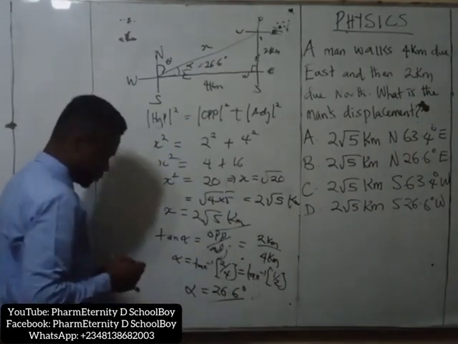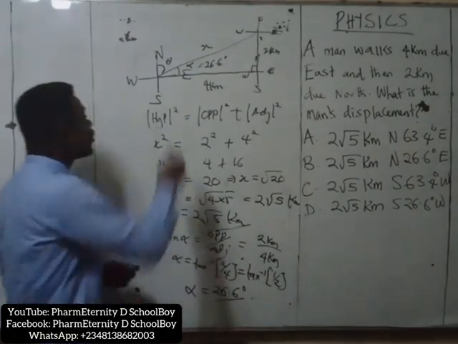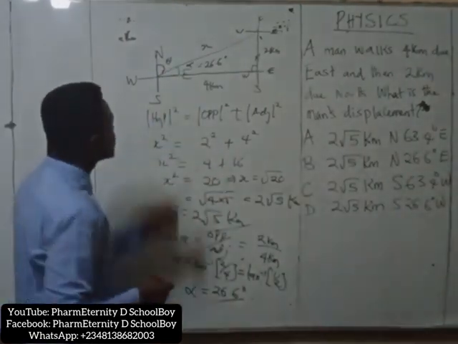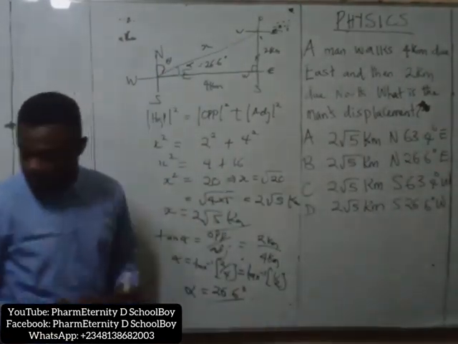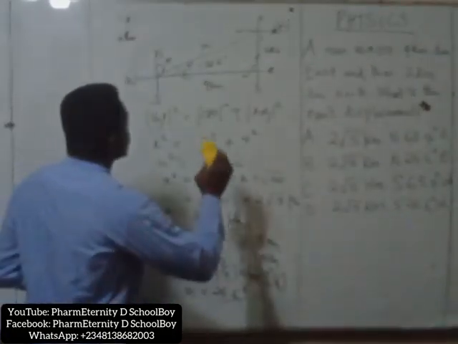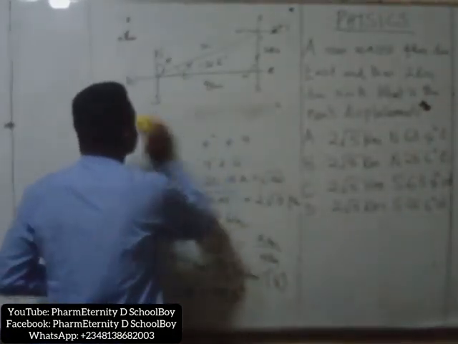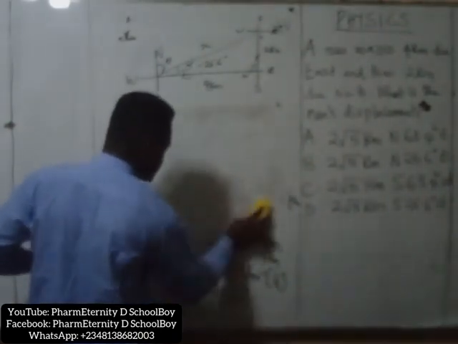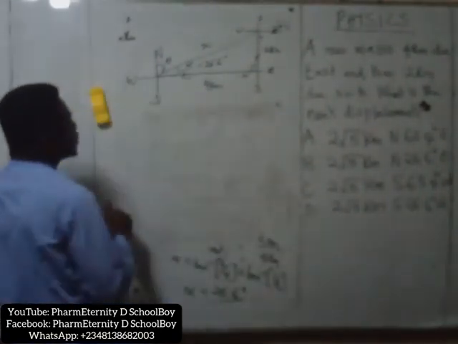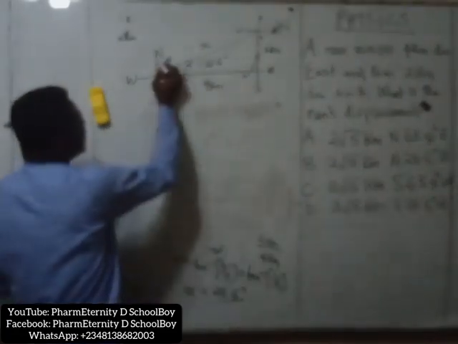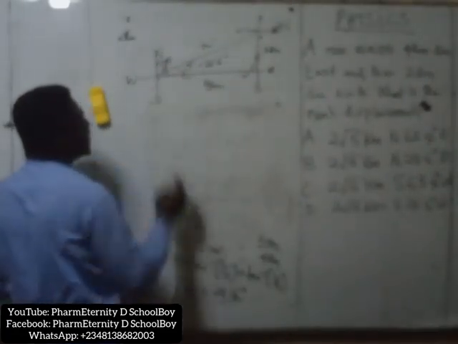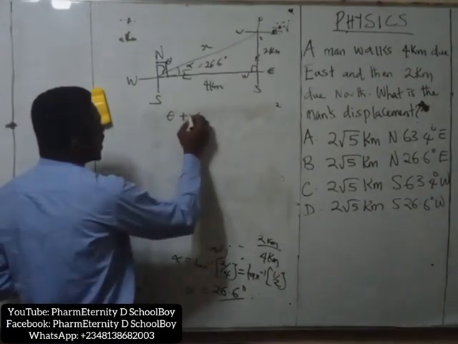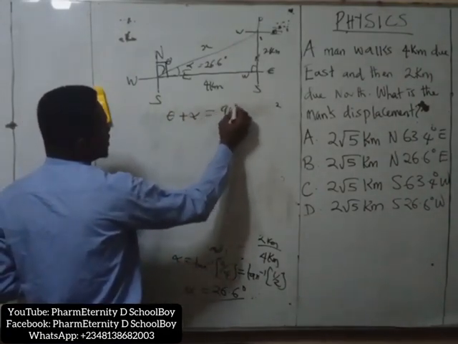So the angle here is 26.6 degrees. Remember, we are looking for this theta. For us to find this theta, remember, from here to here is 90 degrees. What it implies is that theta plus alpha is equal to 90 degrees.